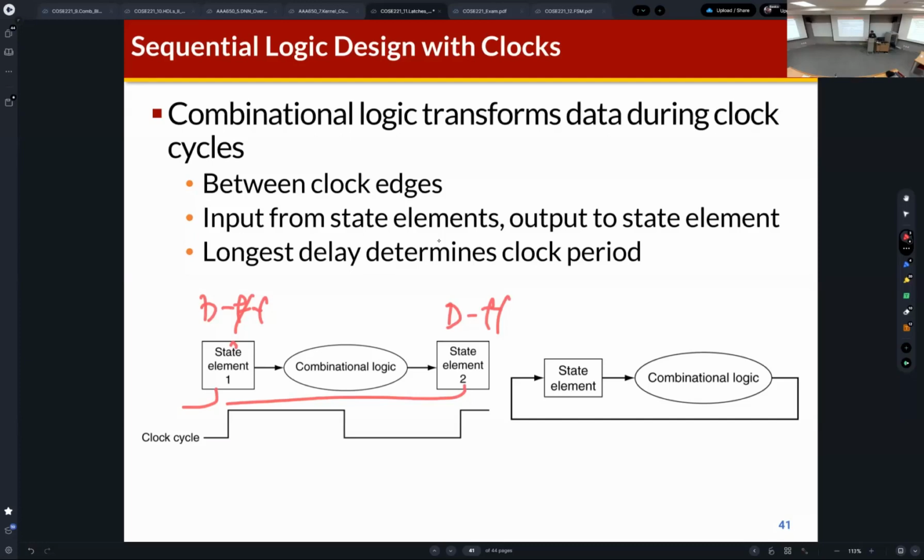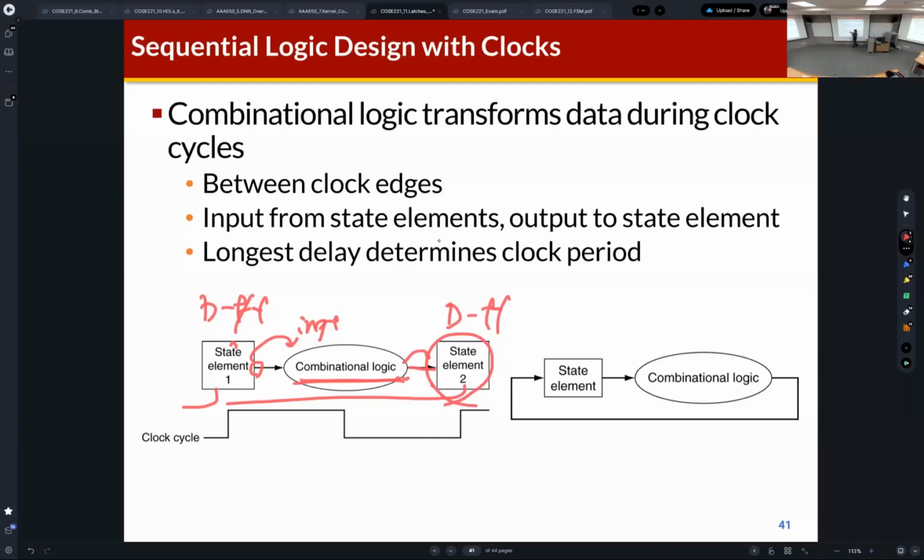If you see this figure, you can find that the output of the D flip-flop is given to the input of the combinational logic. And the output of the combinational logic is connected to the input of this flip-flop.